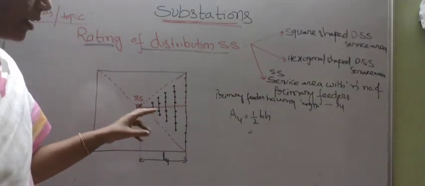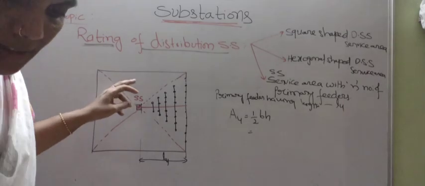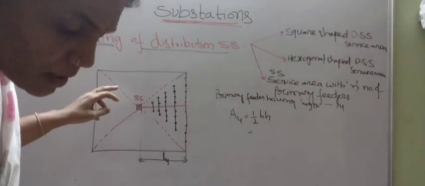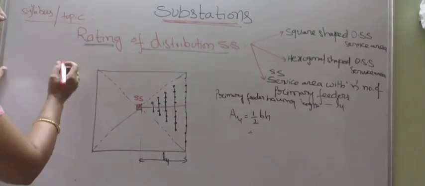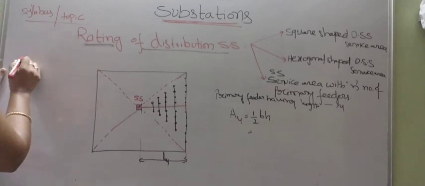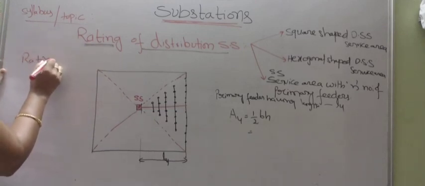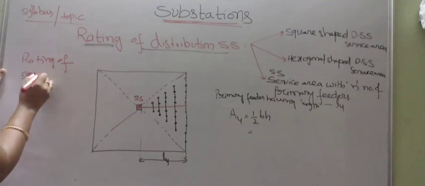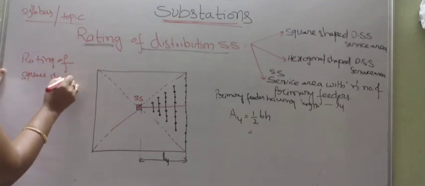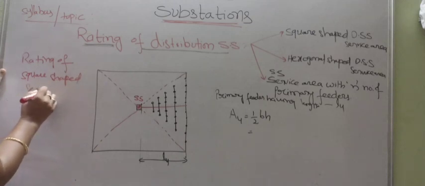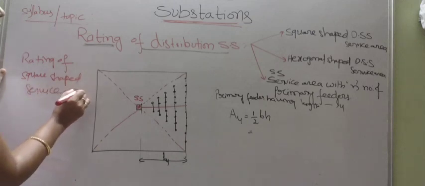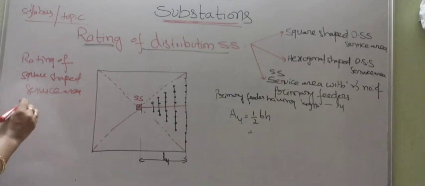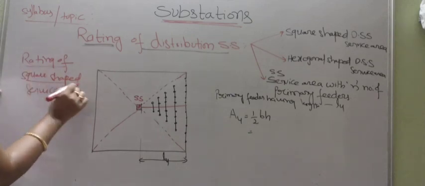First we go for the square shaped service area, the rating of the square shaped service area, which you have to calculate.